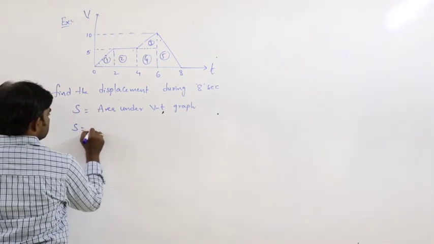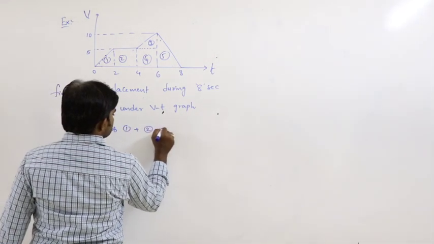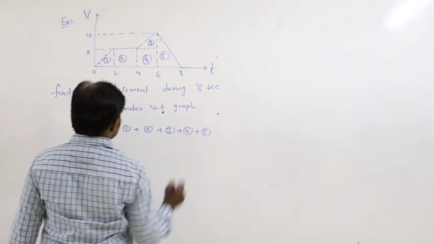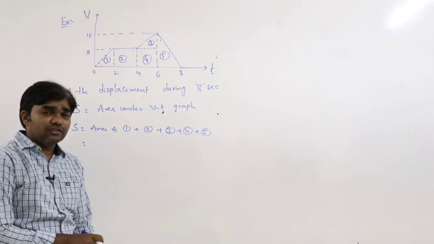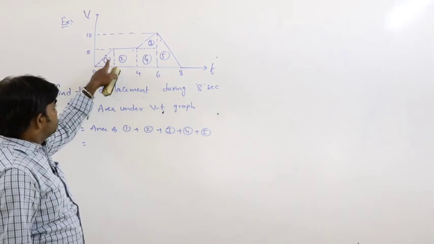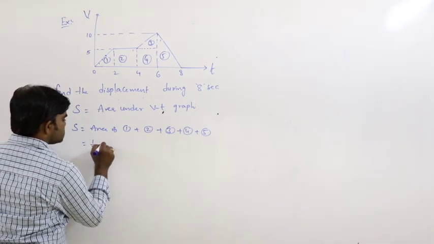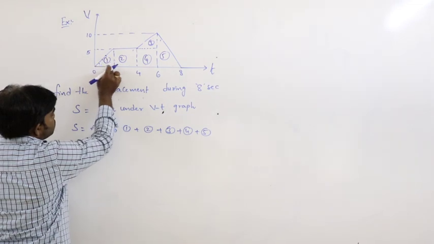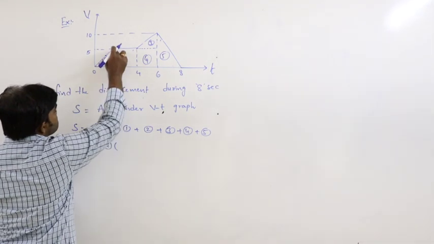So displacement is equal to area of 1 plus 2 plus 3 plus 4 plus 5 shapes. So first, area of the first shape. What is the shape of the first graph? Triangle. Half into base into height. What is the base? The base exists from 0 to 2, that is 2. What is the height? 5.